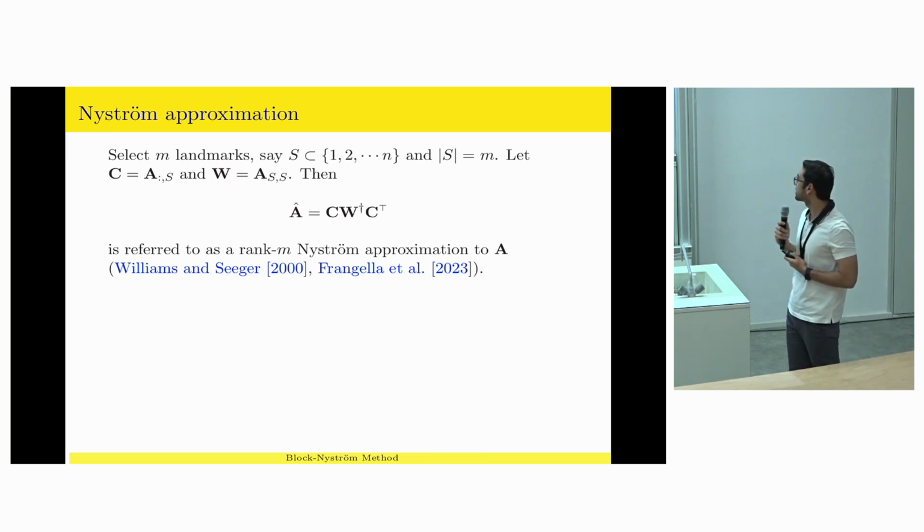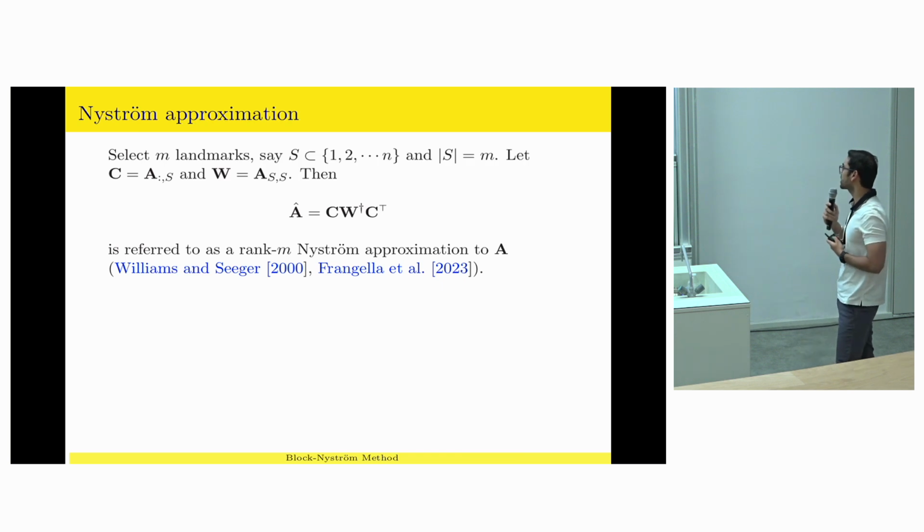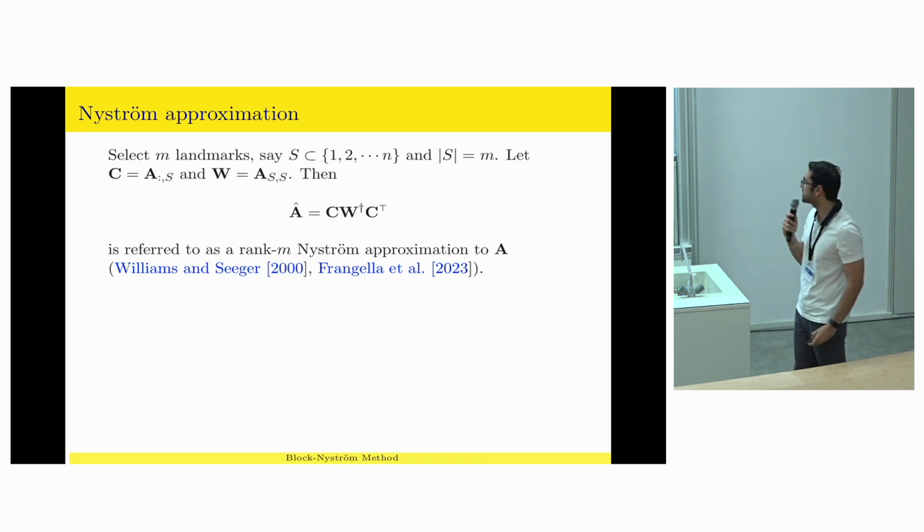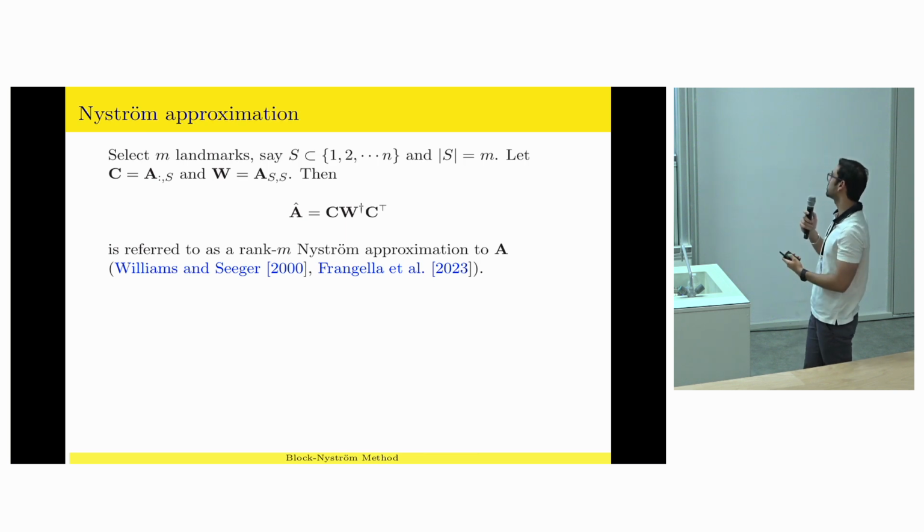Once we have selected these m landmarks, we sample the same columns from A and put them in this matrix C. We also sample the principal submatrix W, which is also indexed by the landmarks that we have sampled. Then the Nystrom approximation A hat is given by C times W pseudo-inverse times C transpose, because W need not be invertible. That's the factorization for the Nystrom approximation. And because we have sampled m landmarks, this is known as a rank m Nystrom approximation to A.